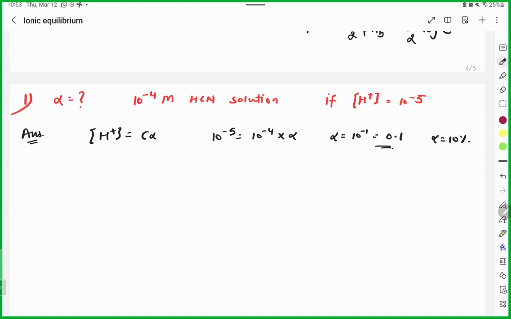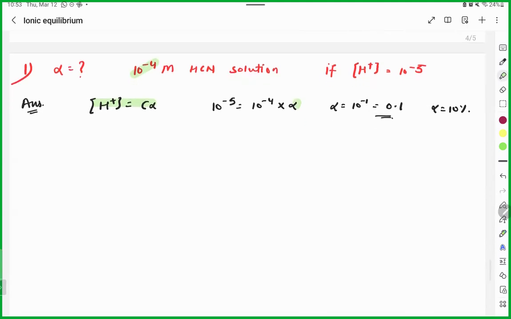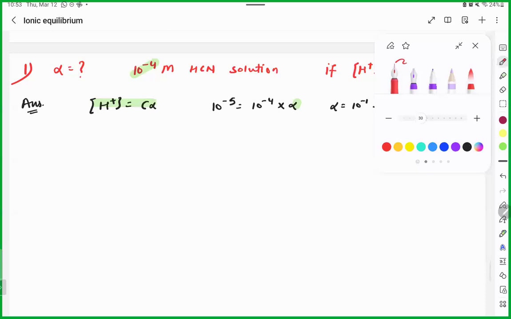Any doubt? H positive is equal to C alpha. This is the formula. Put H positive value, put the C concentration value, and then you will get alpha. Got it? Next question.